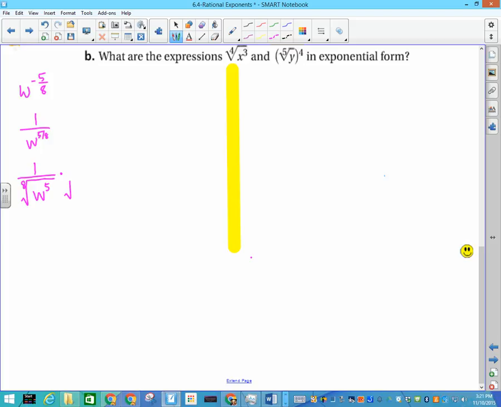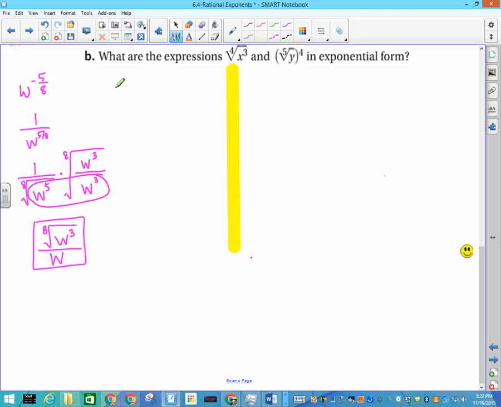It is still the 8th root, but I need 3 more w's, and I do the same thing on the top and the bottom. So we circle these because now I have 8 w's, which means I have just a w on the bottom. And then on top, I have the 8th root of w to the 3rd. And there it is, simplified.